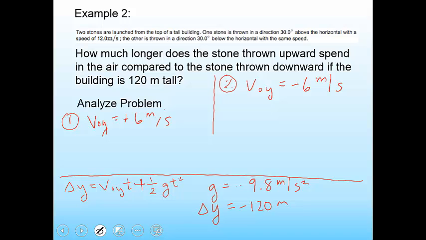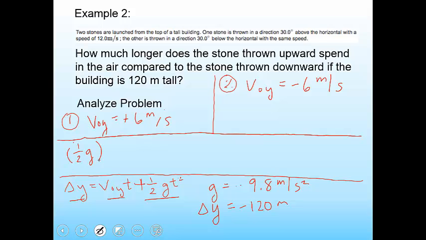Okay, so in both cases, the first thing we're going to do is rearrange this equation, because all of the terms here are going to stay, which means we have to use the quadratic equation. So I'm going to rearrange it so that it looks normal: 1/2 g t squared plus v naught y t minus delta y equals 0.